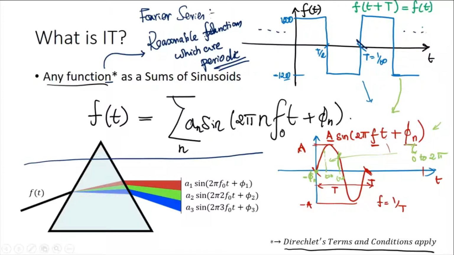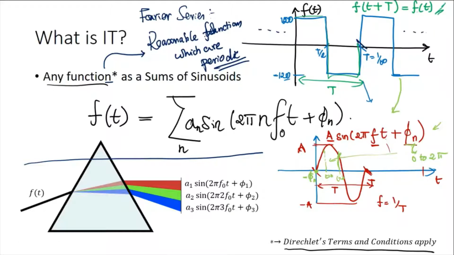Then this function f of t is periodic with T. So basically this function repeats itself after a time of T. That is a periodic function.